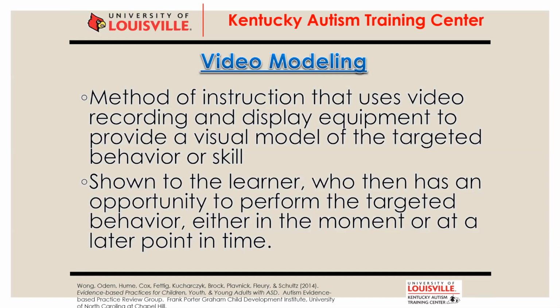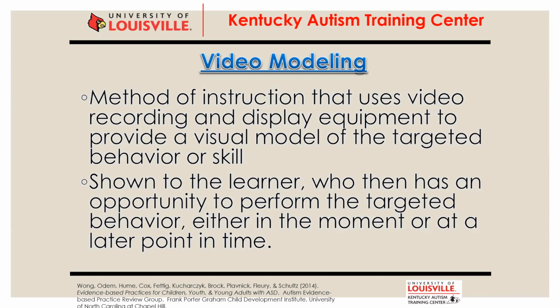So note that, right? Obviously you have to have a way to show the video. The way that video modeling works is that there are a few options. You can record the student if you have permission, right? You can record another student.